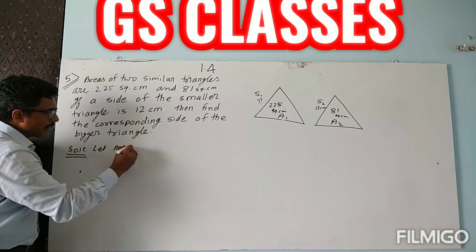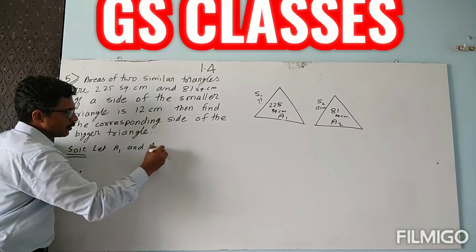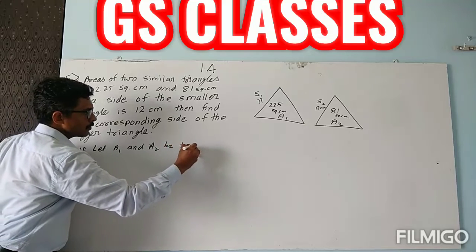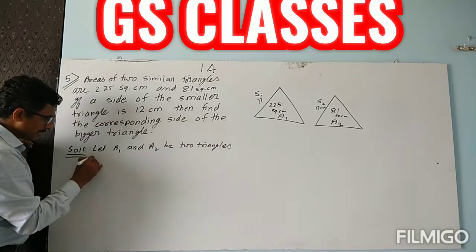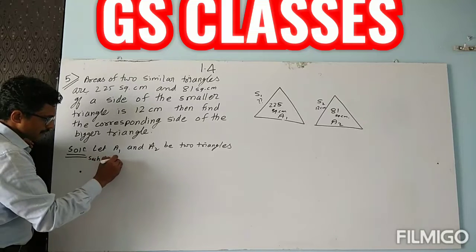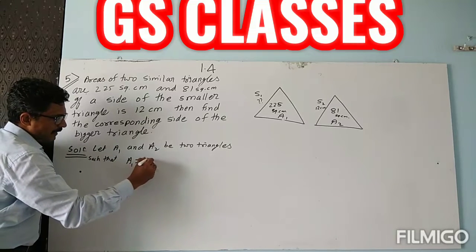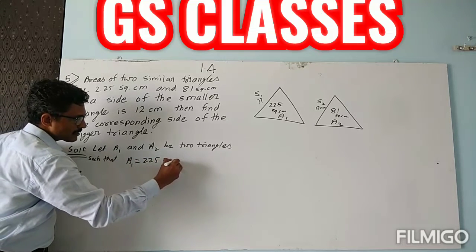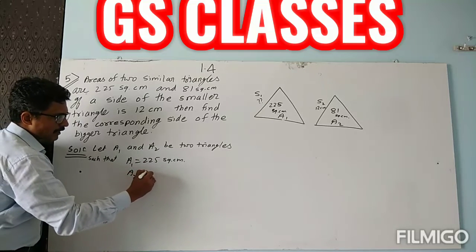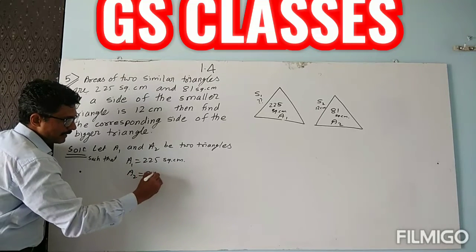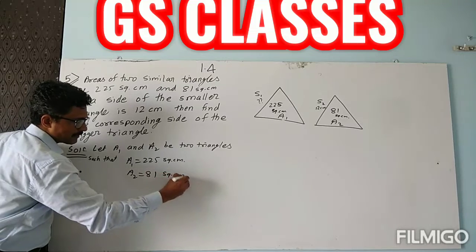Let A1 and A2 be two triangles such that A1 is having area 225 square centimeter and A2 is having area of 81 square centimeter.